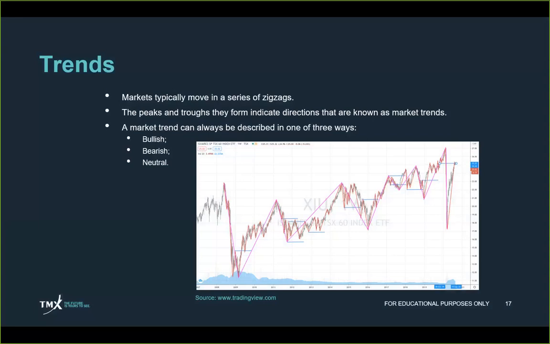As most of you know, I'm sure by now, market trends can be labeled in one of three ways: bullish, bearish, or neutral. And the cool thing about the options market is we have strategies that will allow us to participate in all three. We've got bullish strategies where we buy calls, we sell puts, we do spread strategies. We've got bearish strategies where we buy puts, we sell calls, we do spreads.